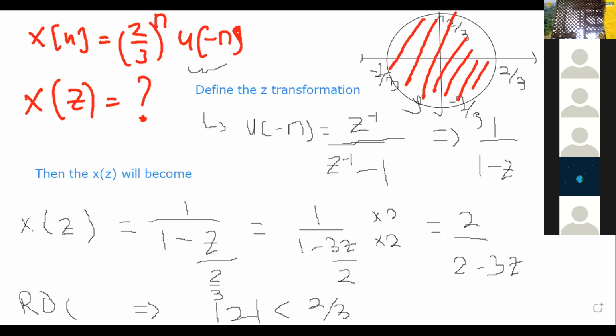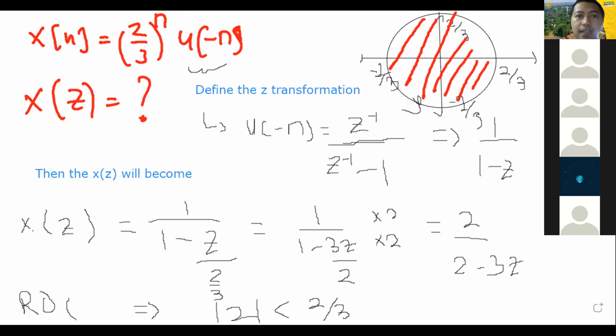Maybe we can conclude that the difference is on the ROC. Sir, maybe it is inverse, because of the u minus n. Okay, so you got the differences of them, right? Okay, good. Thank you, Goldie.